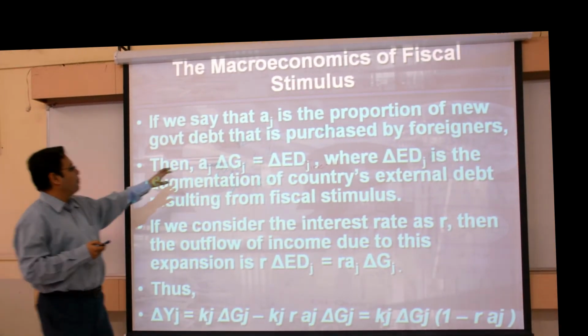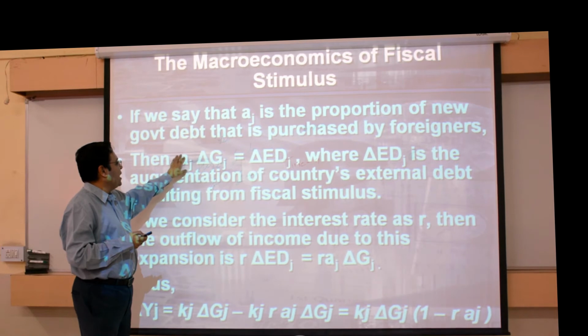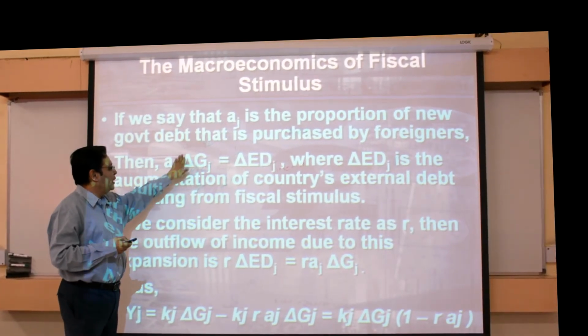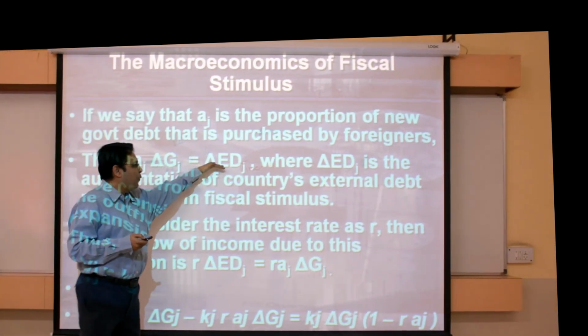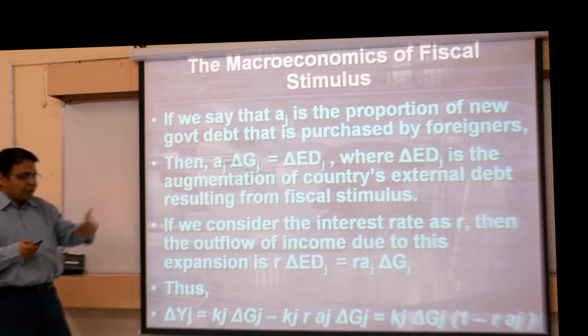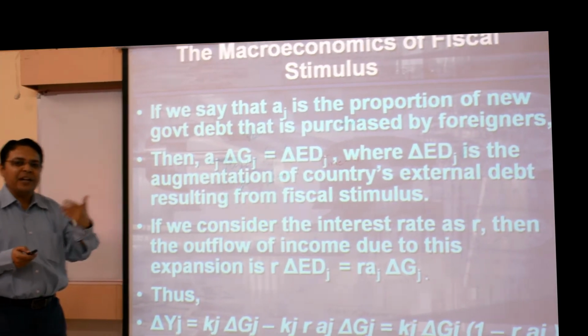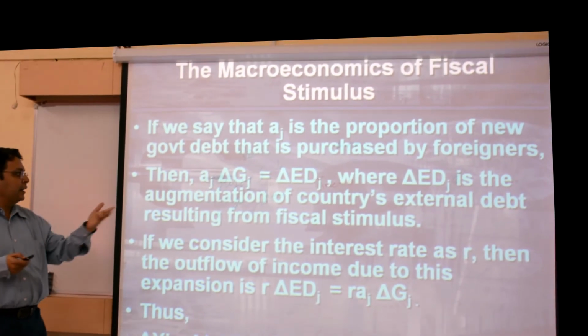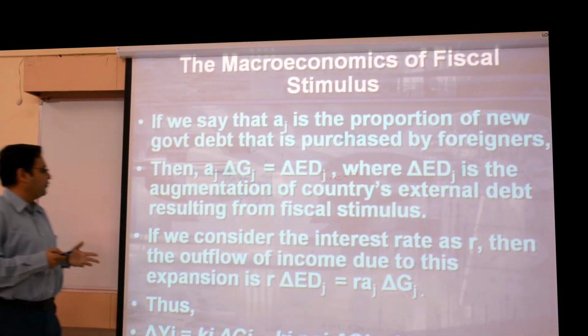If a portion of the government spending is coming from foreigners, then this proportion into total government spending tells me what has been the addition to the country's external debt because of the expansionary fiscal policy. So this gives me that figure.